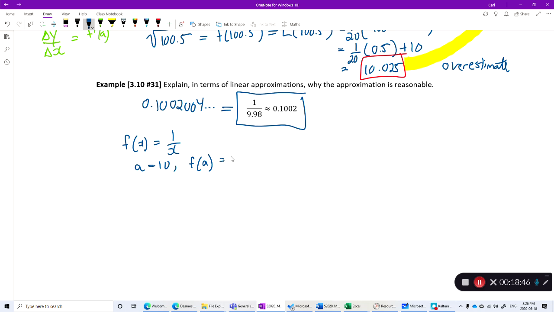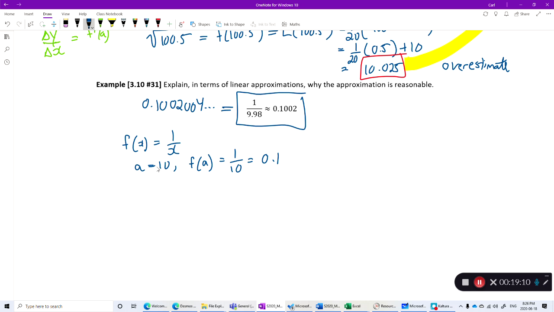F of a would be 1 over 10, which is 0.1. So we're thinking, like, what can we do without a calculator? Again, after all, how does the calculator work? It's doing something inside that doesn't require a calculator, right? The calculator can't call on another calculator to do the work. It has to do it somehow by itself.